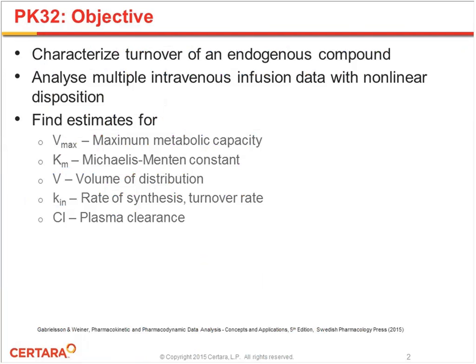Since we will be dealing with saturated elimination, we have the two parameters from the Michaelis-Menten equation here, Vmax, the maximum metabolic capacity, as well as Km, the Michaelis-Menten constant. And in addition to that, V, the volume of distribution, Kn, the rate of synthesis of this endogenous compound, as well as plasma clearance, Cl.